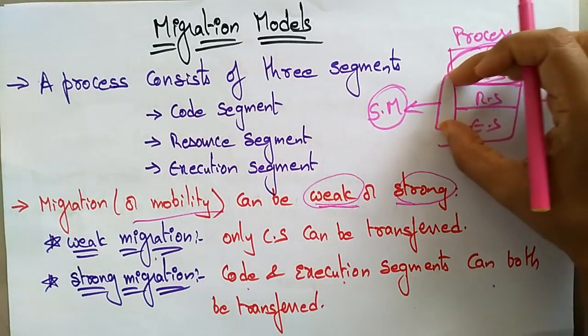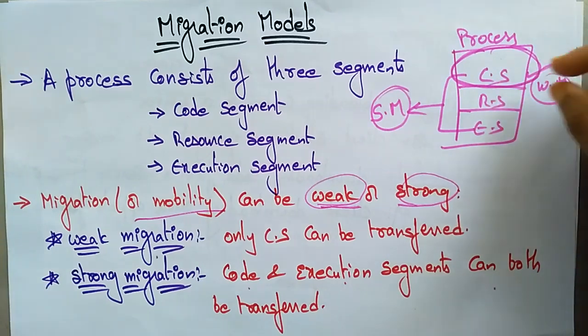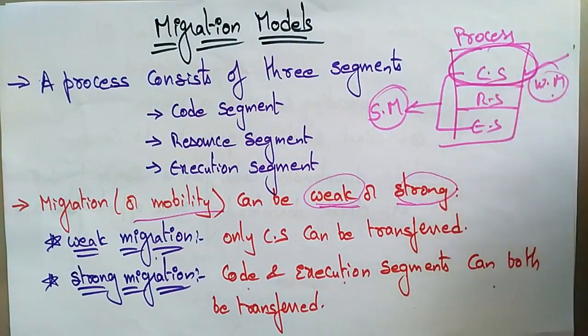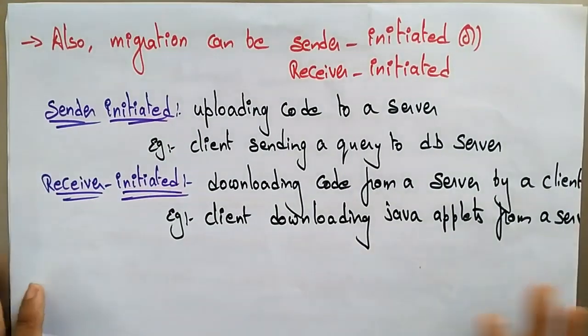Weak migration means only the code is transferred. It doesn't know what type of execution it has to do. Later the execution segment can be transferred. That is a weak migration.